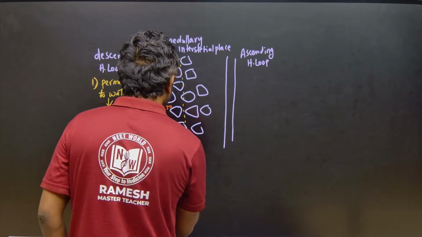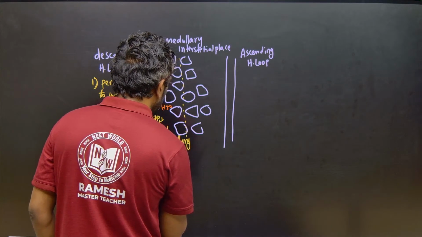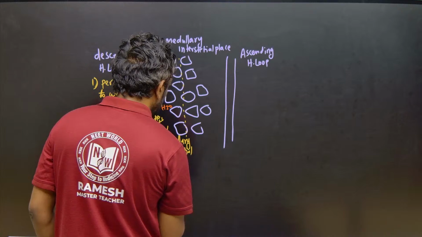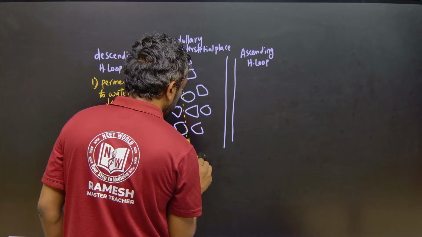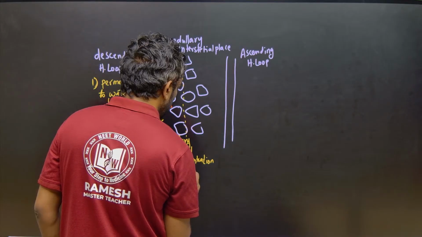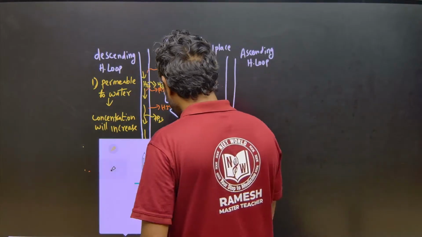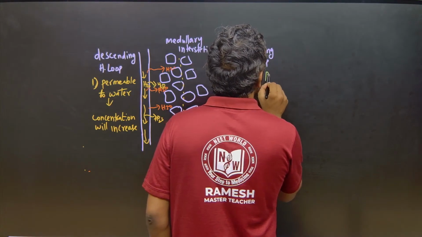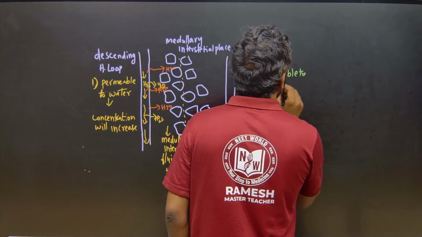Coming to the ascending Henle limb, it is permeable to ions.